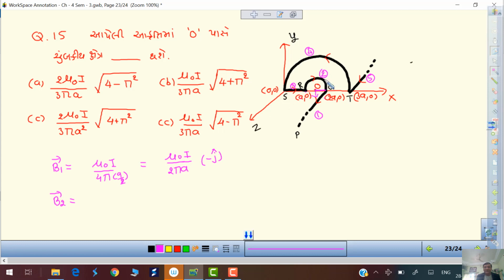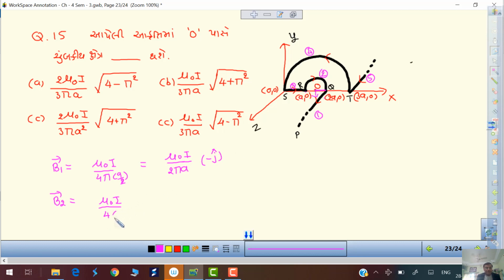So it is a half semicircle. Current is flowing in clockwise direction. The magnetic field is inward. Inward means -z. And what is the formula? So μ0 I upon, if it is a complete loop, then 2r. It is a half loop, so divide by 2 again. So 4r. What is the radius?